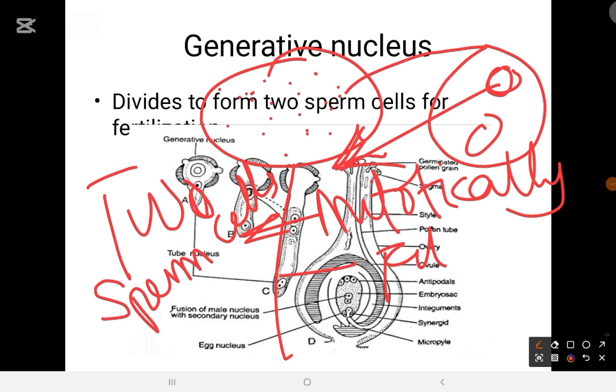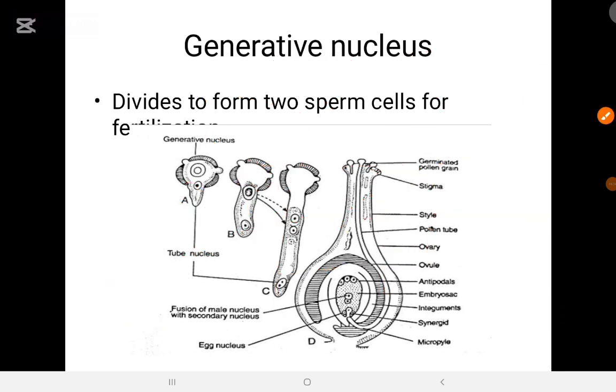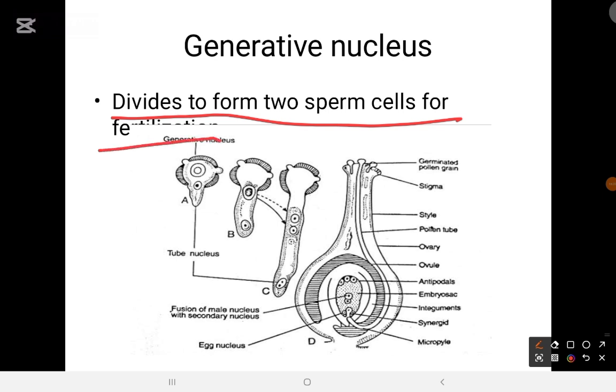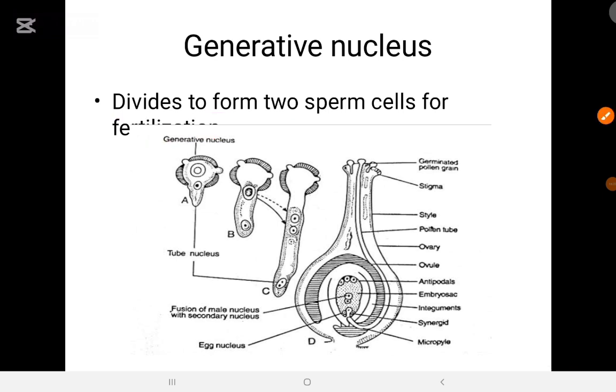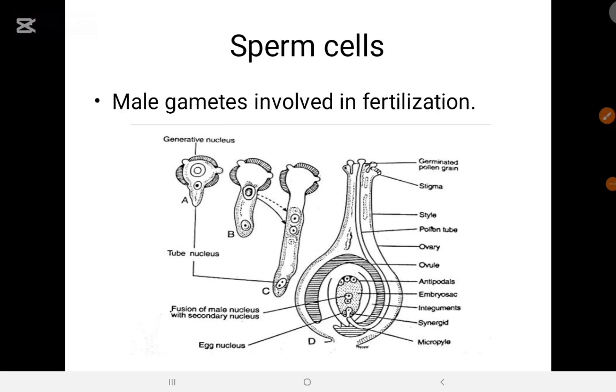So it divides to form two sperm cells for fertilization. Remember that because there are two sperm cells, the fertilization that takes place in plants is called double fertilization in flowering plants, and it is unique to them.